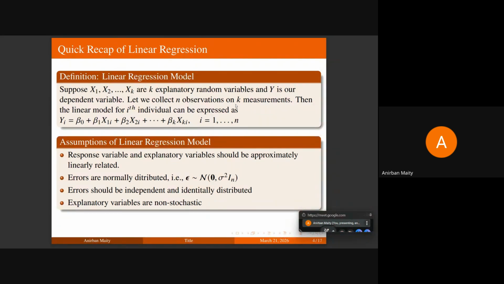After building the linear regression model, we have to check whether our errors are normally distributed, whether they are homoscedastic, meaning all the error variances are the same, and whether errors are autocorrelated or not.